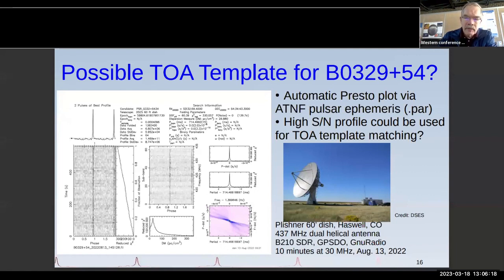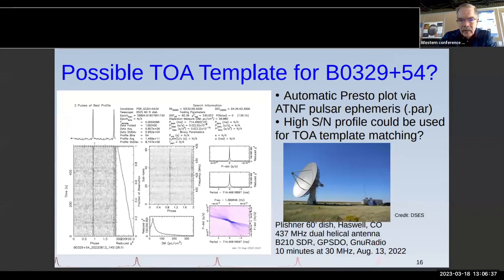So when we first put up a new feed horn or new antenna, we have to adjust the gain on the receiver, dial in the parameters, and so we use this Pulsar B0329+54 as our standard candle to kind of calibrate and tune against.